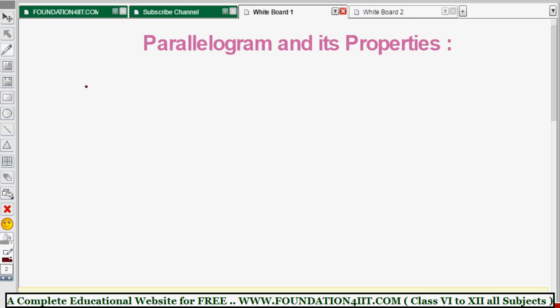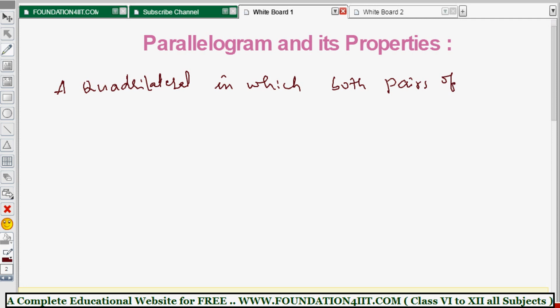So how do we define the parallelogram? A quadrilateral in which both pairs of opposite sides are parallel is called a parallelogram.